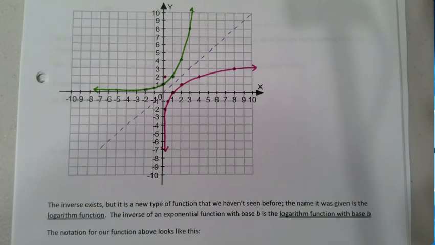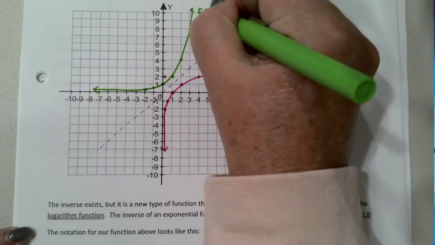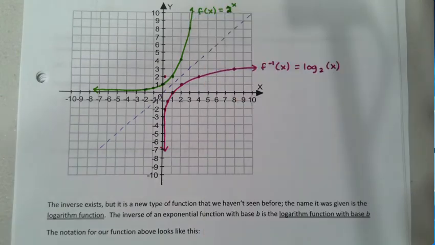So if my original function was 2 to the x, that was an exponential function with a base of 2. My new function is the inverse function, and that's going to be given the name the logarithm, base 2 of x.